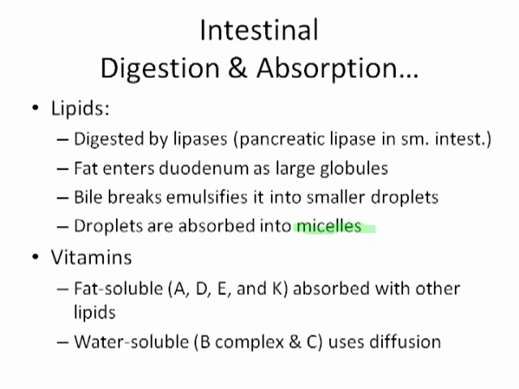Follow this, let me just put this up here real quick. You start with about 9 liters of water going into the small intestines. You absorb about 8 liters along the length of the small intestines, so that by the time you get into the large intestines, you're down to about 0.8 liters.